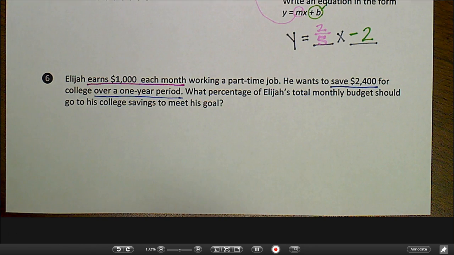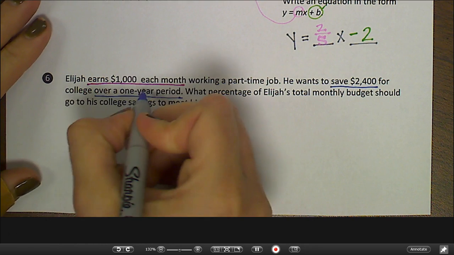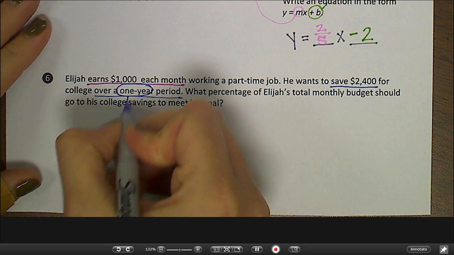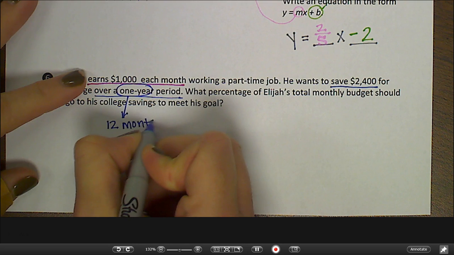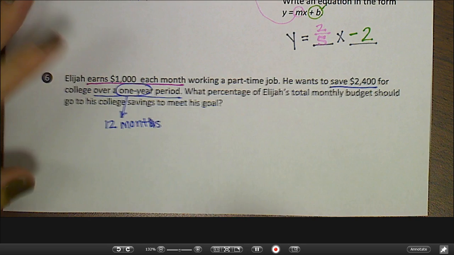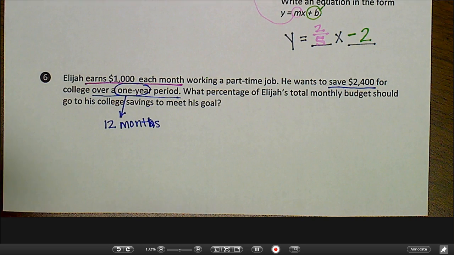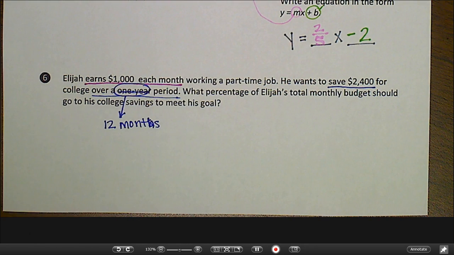Your formula chart tells you that 1 year is 12 months. Okay. So we can rewrite that. Instead of the word 1 year, we can write in 12 months. He wants to save $2,400 for college over a 12-month period.